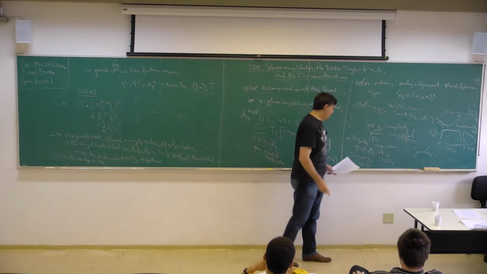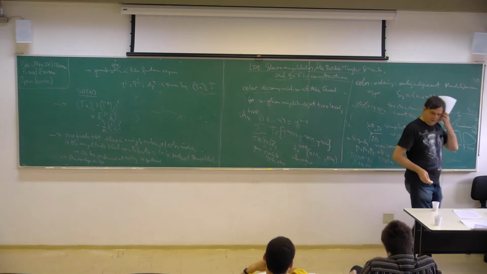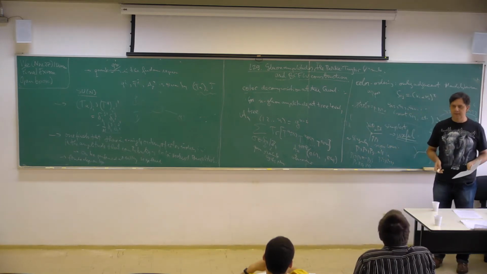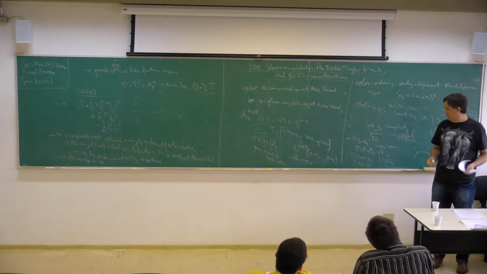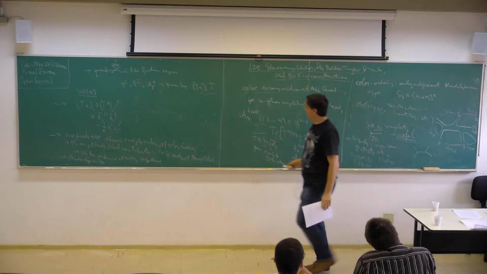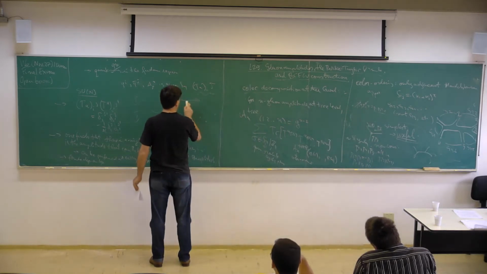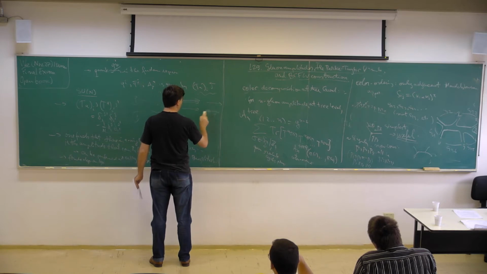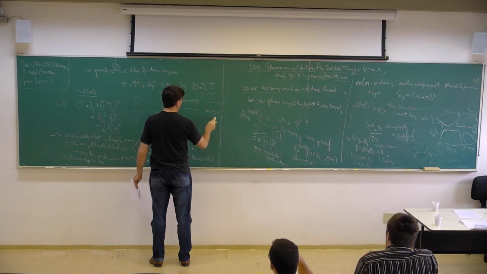That means that 3-point scattering is only possible if I have either a trivial case, like this, or a somewhat less trivial case, like this. But that also doesn't work, even though it wasn't obvious there.